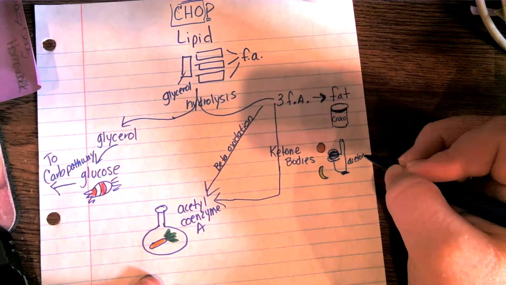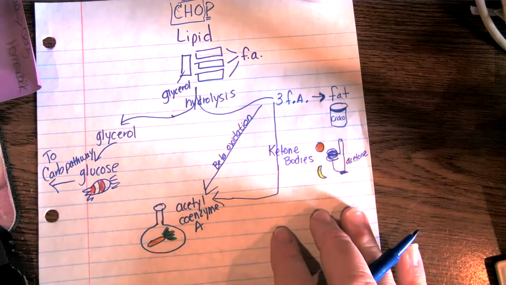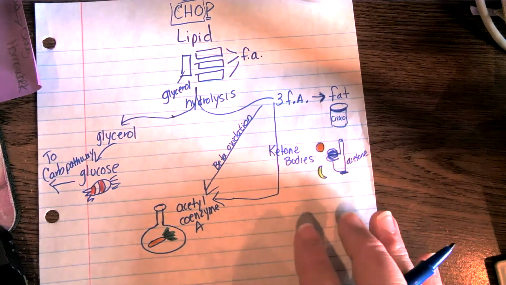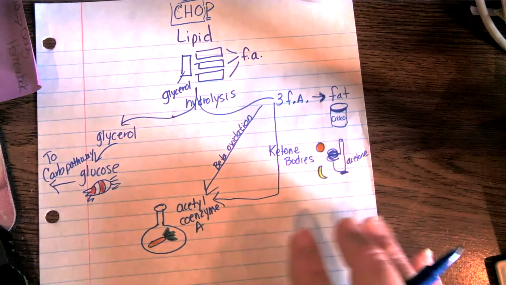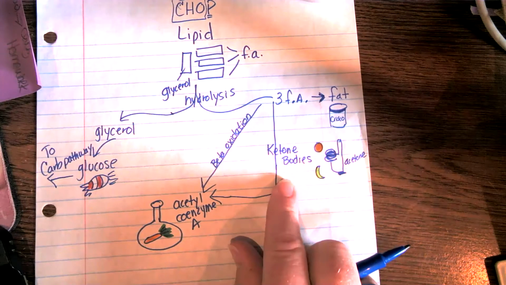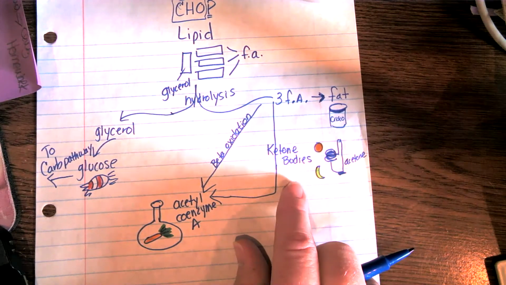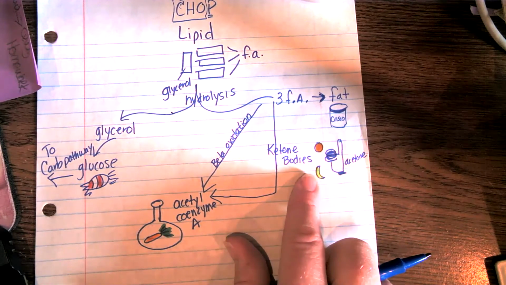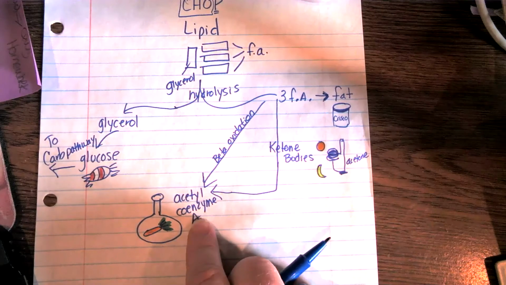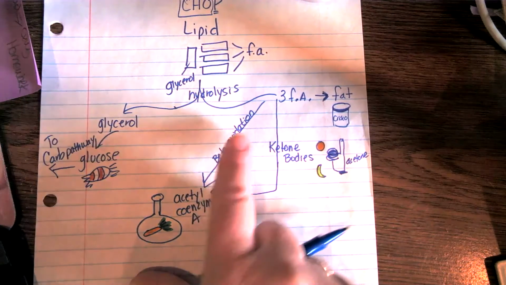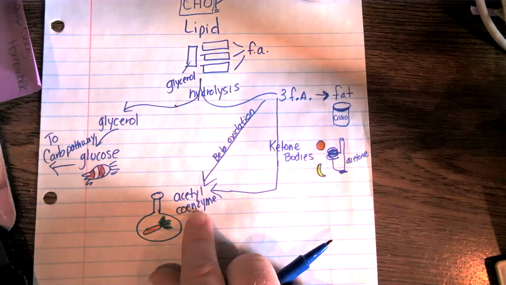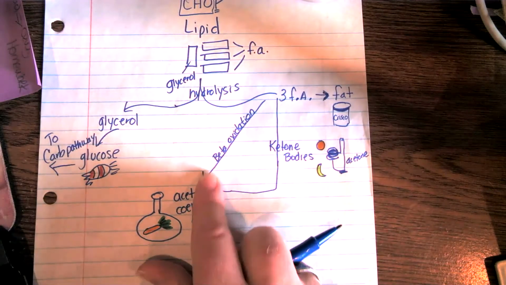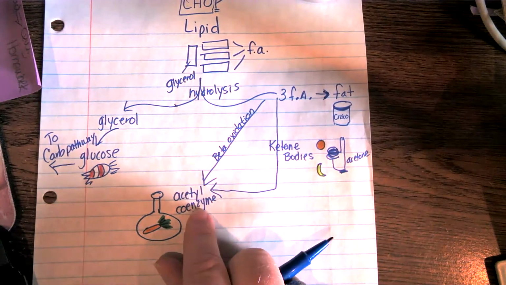Let me read to you from the textbook what I'm talking about. It says a fat molecule must first undergo hydrolysis before it can release energy. Upon hydrolysis, some of the resulting fatty acid portions can react to form molecules of acetyl coenzyme A by a series of reactions called beta oxidation. So that's as far as we're going to get into the detail.